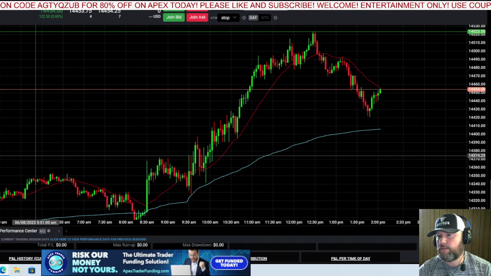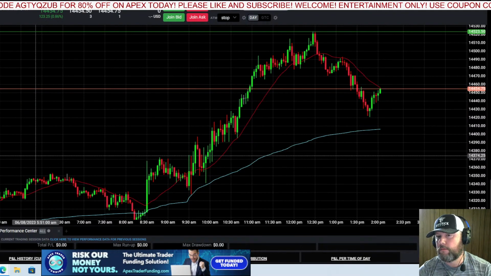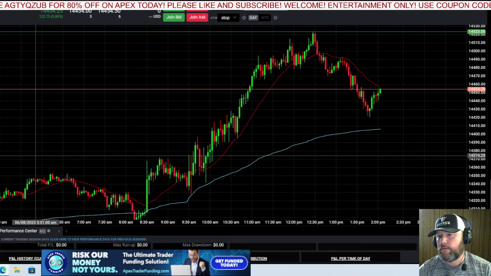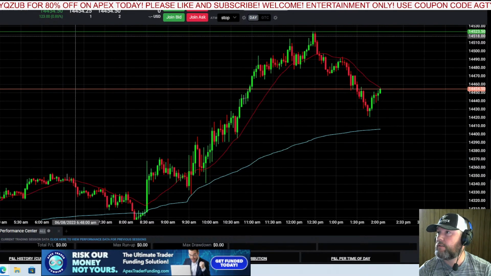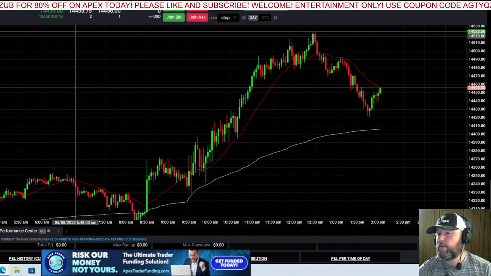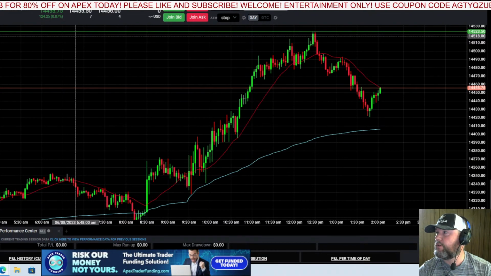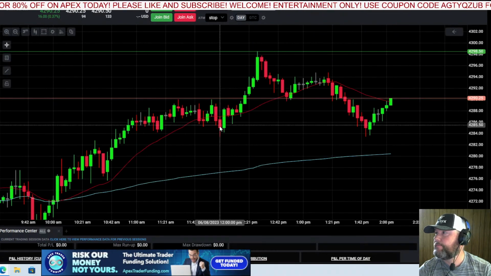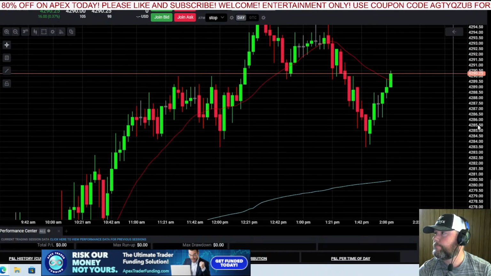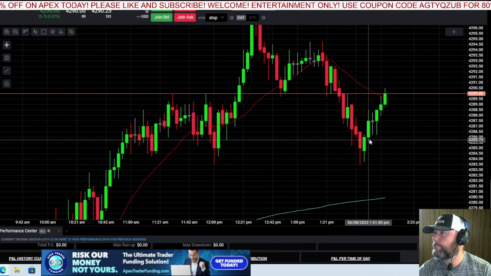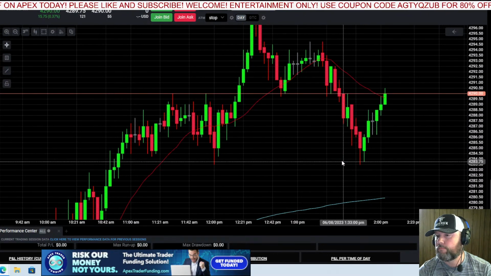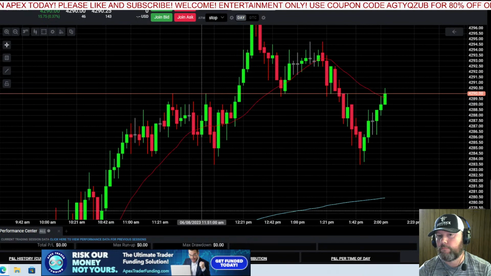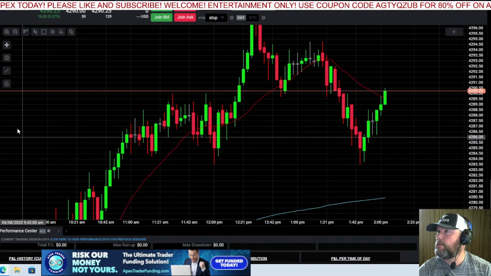See if we can. We do have a small fair value gap here on the 3-minute for the ES. Working on a shift in market structure here back to the upside. Oh, maybe that's, oh, that is the 3-minute.